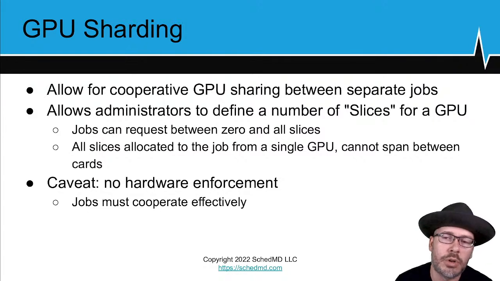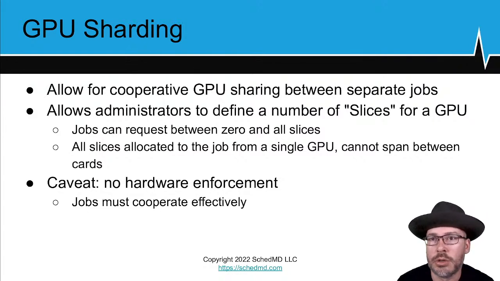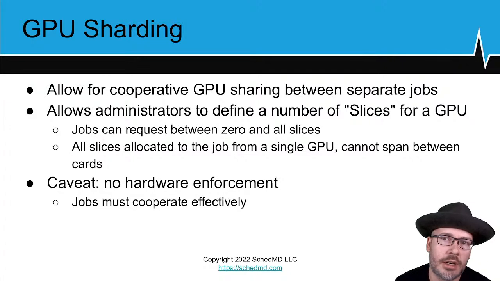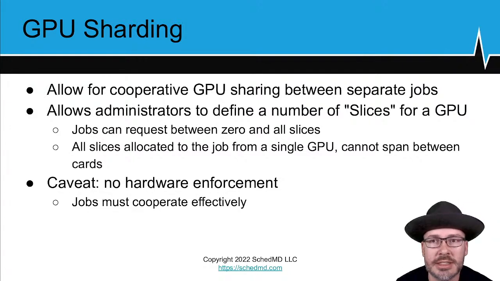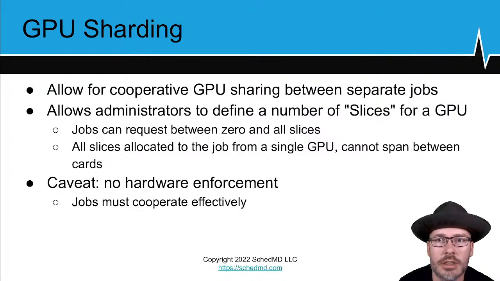But the important caveat to this is there's no hardware enforcement of this restriction. If you've defined a GPU with 7 slices and a user requests 4, the understanding is that user in their job needs to have some way that it's actually limiting it to, say, 4/7 of the resource on that card. There is no specific enforcement action behind that.